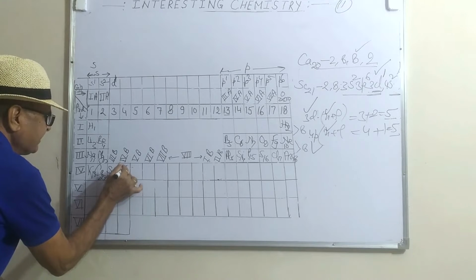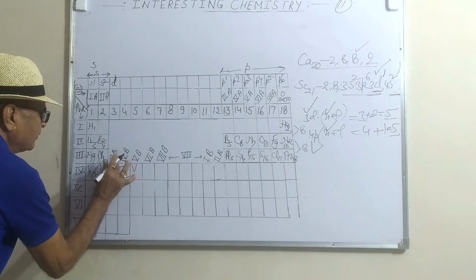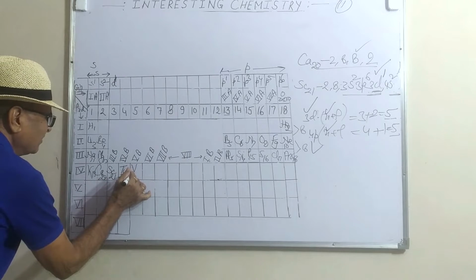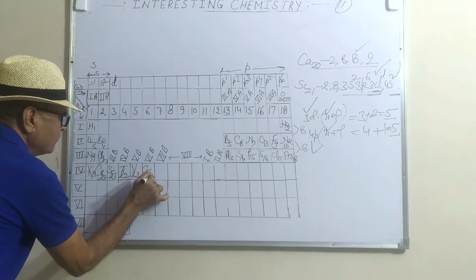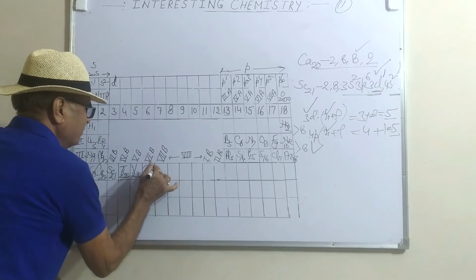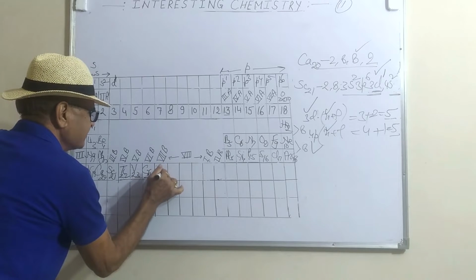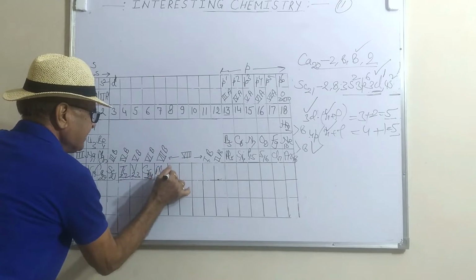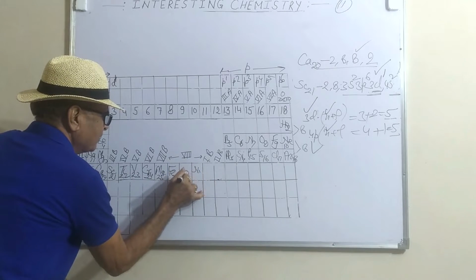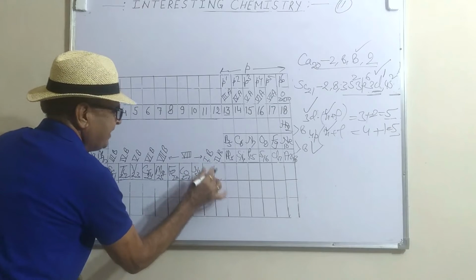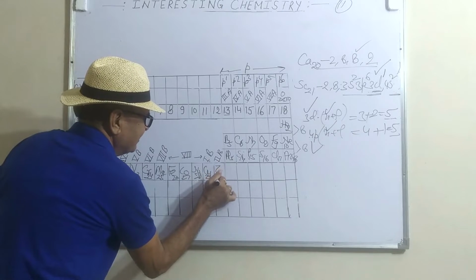Titanium is number 22, vanadium 23, chromium 24, manganese, Mn, 25, iron, cobalt, nickel, 26, 27, 28, and here copper, 29, and here Zn, 30.